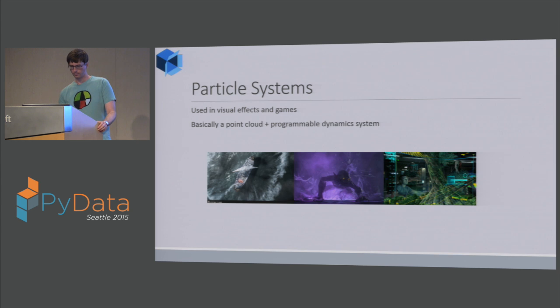A closely related thing is particle systems, which is a little bit more what I've personally dealt with. You take a point cloud and attach some kind of programmable dynamic system to it.